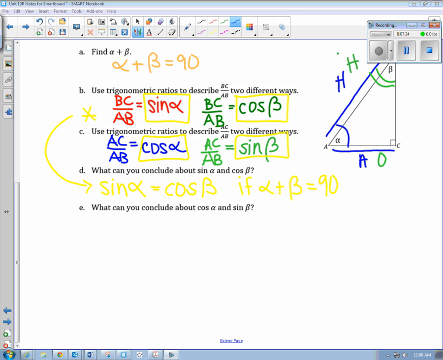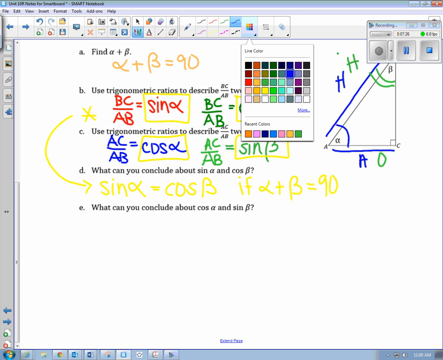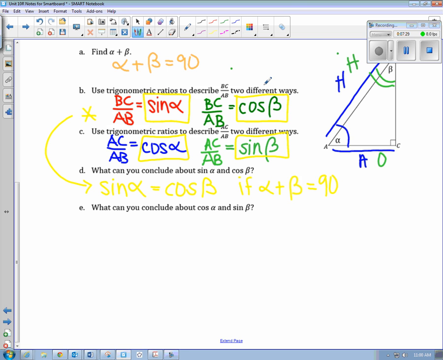And then it asks me in the next section what I can conclude about cosine alpha and sine beta, which we did in part C, and we can conclude that cosine alpha is equal to the sine of beta.